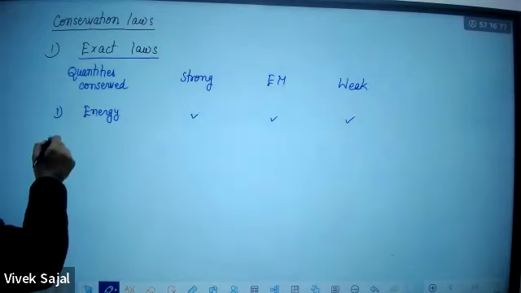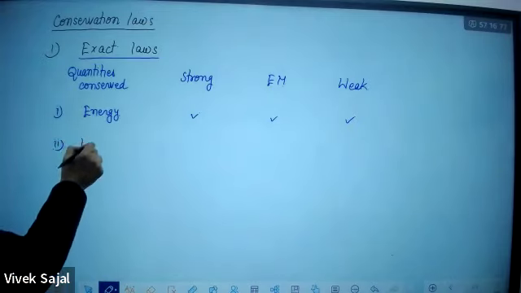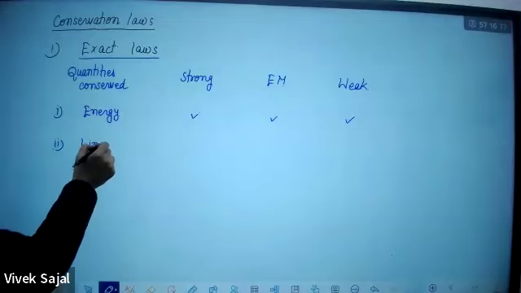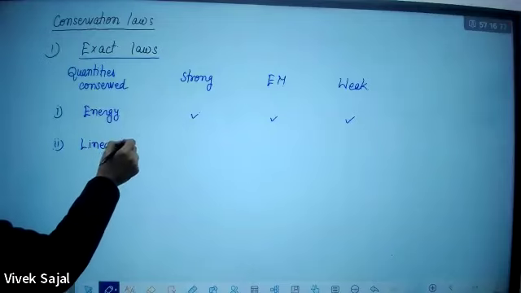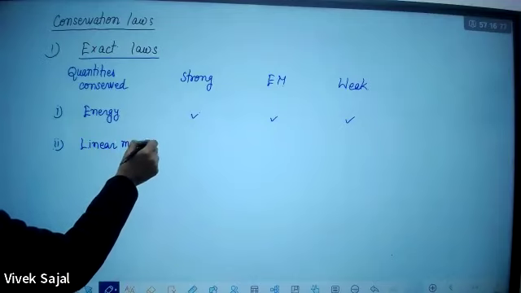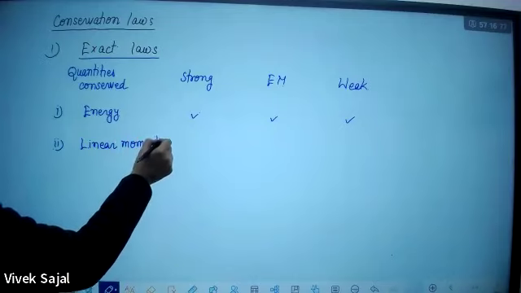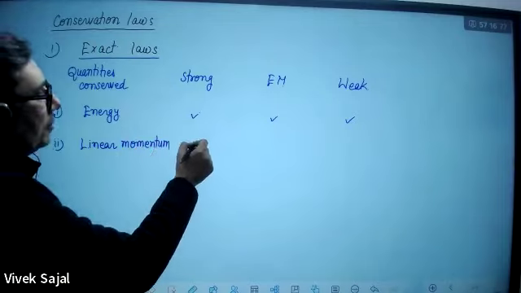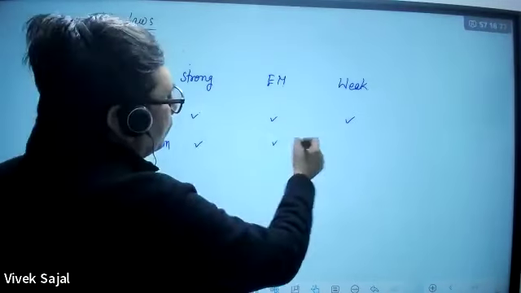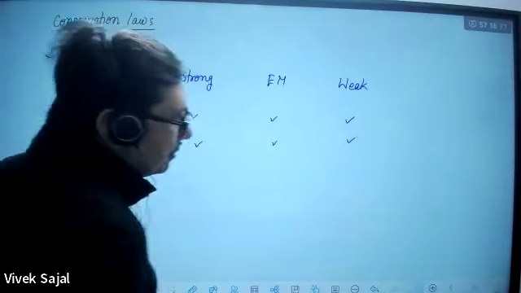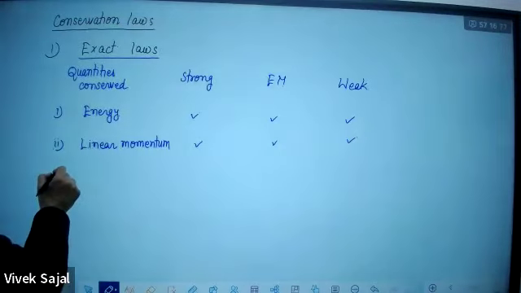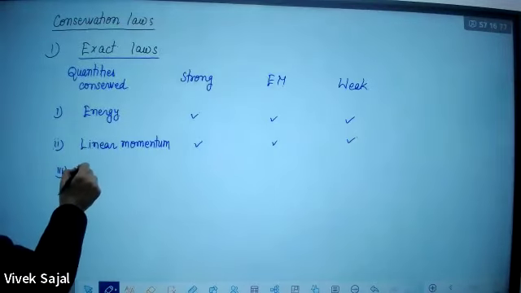Second is linear momentum. If no external force is acting on the system, then linear momentum will be conserved. Number 3, angular momentum.